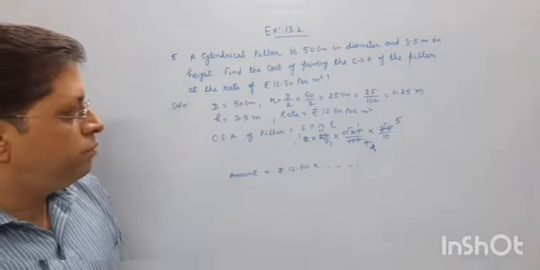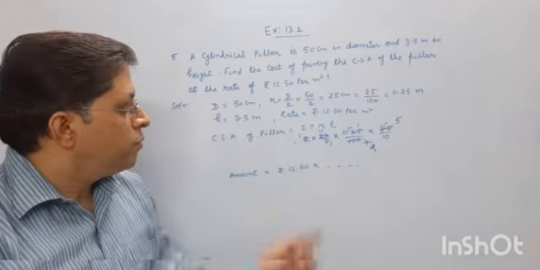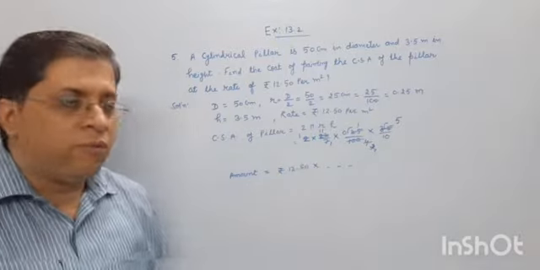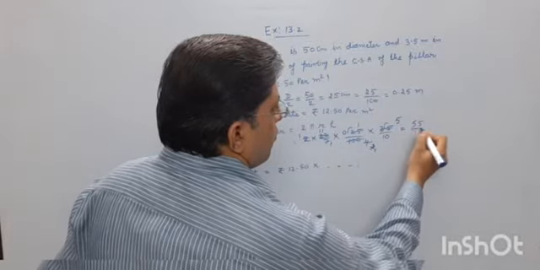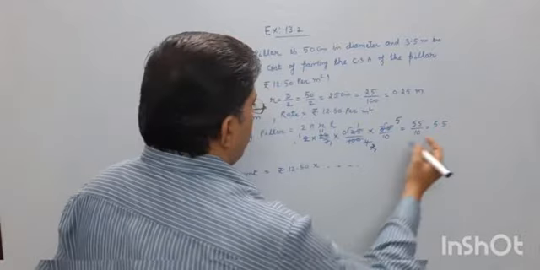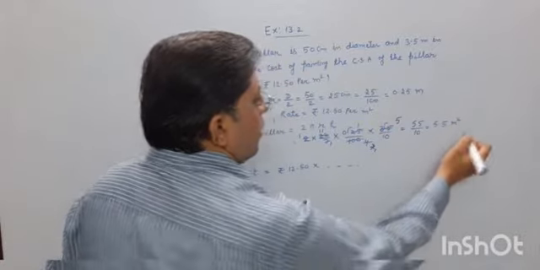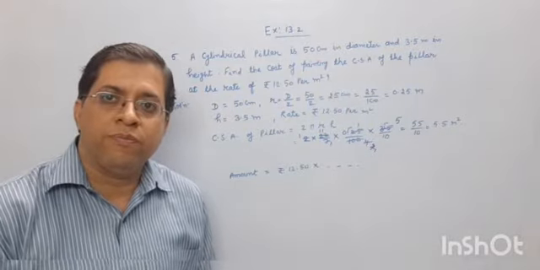Then what will come? 11 5s are 55. 55 upon 10 will be 5.5 meter square. 5.5 meter square will come.